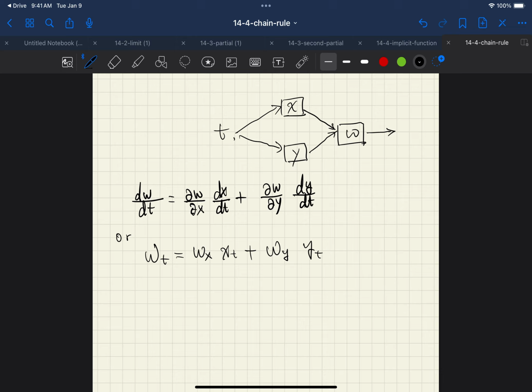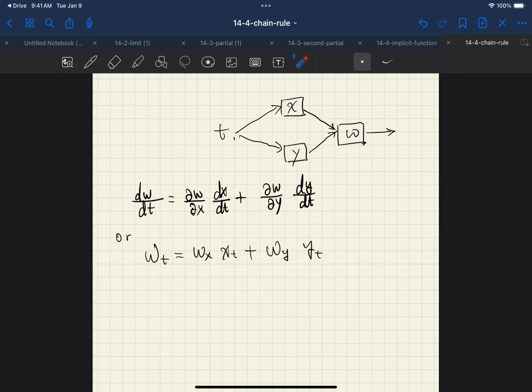And the chain rule can be interpreted as a diagram which can be thought of as w_t. When you think of w_t, when t changes, how much does w change? That's the differentiation. Then what you do is imagine you're starting from here, reaching the destination w. So for w_t, you start at t, and then there are two ways.